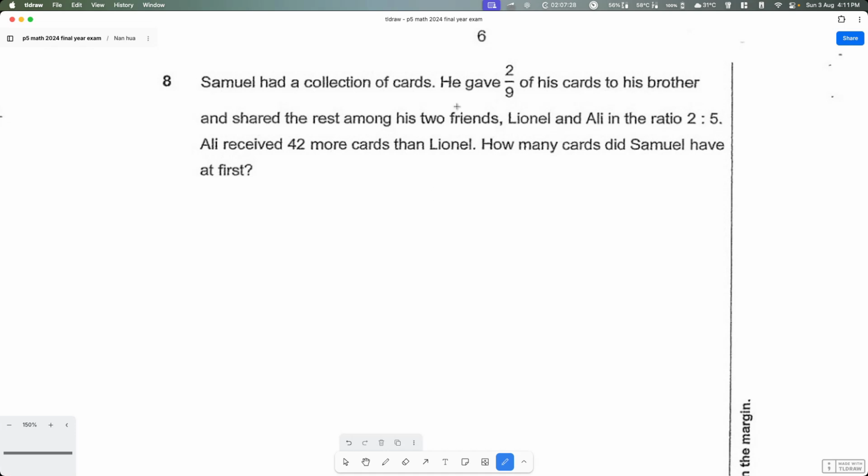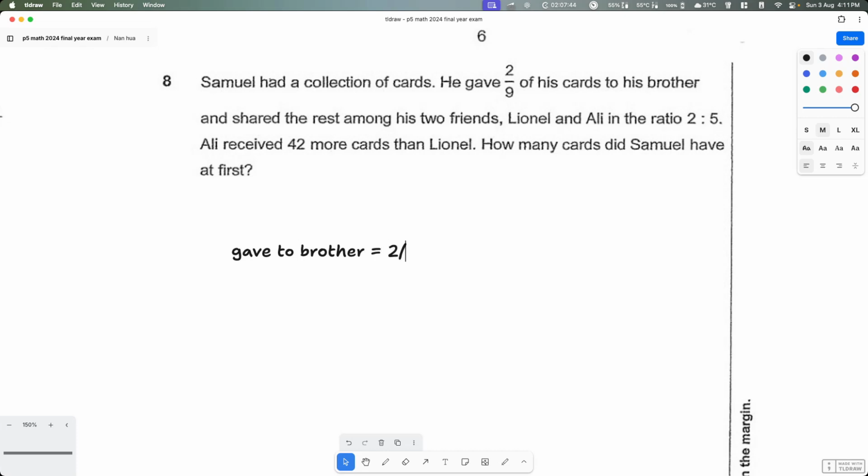Okay, you can do model drawing, you can do fractions as well. So I'm going to do the fractions first because it's faster. So, he gave 2/9 of his cards to his brother. So, shared the rest. Rest is 1 minus 2 over 9.